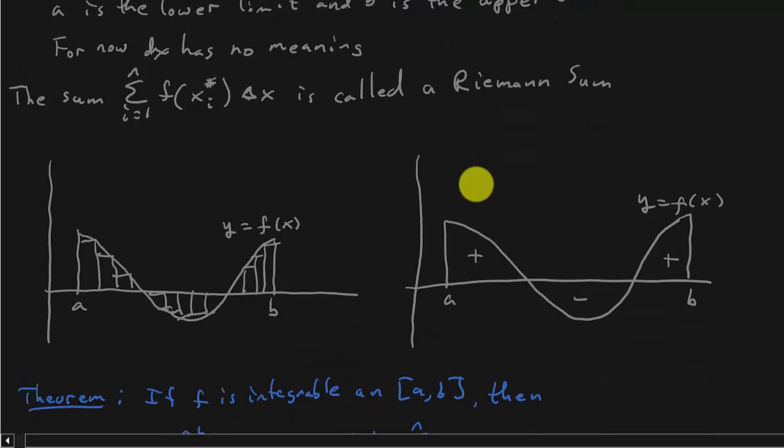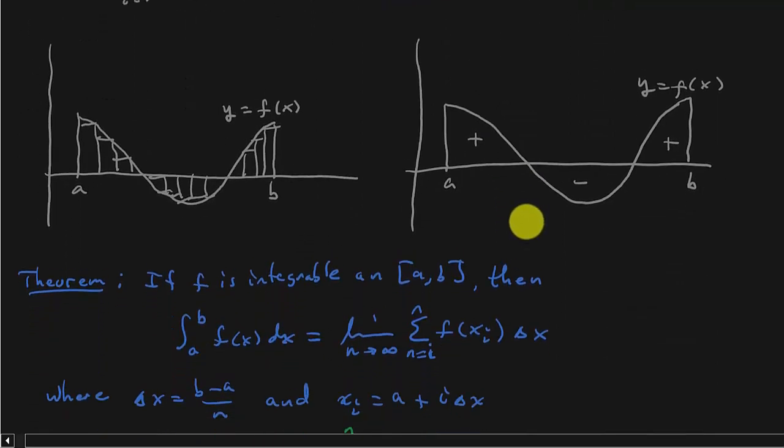All right, so let's look at this right here. We've got these two graphs with areas. If f takes on both positive and negative values, like in this figure, we have positive values here and negative values right here.